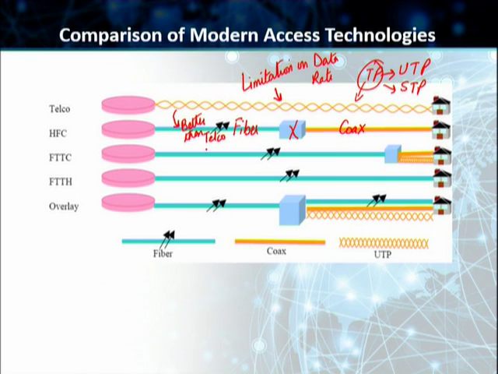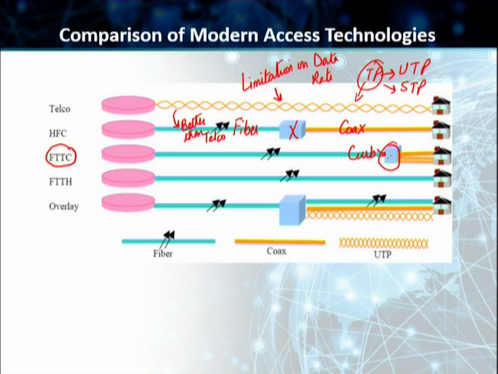Students, then you have FTTC. We'll talk about that in a bit more detail, but for now, you need to know that FTTC stands for fiber to the curb. In this particular case, you have the provider office. You have a fiber that goes all the way to your curb or your locality, and it terminates at a local point. So this is your curb.